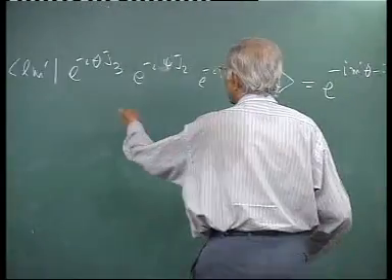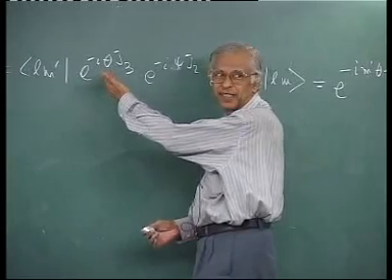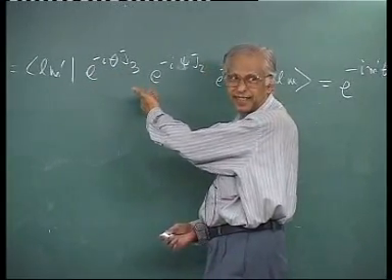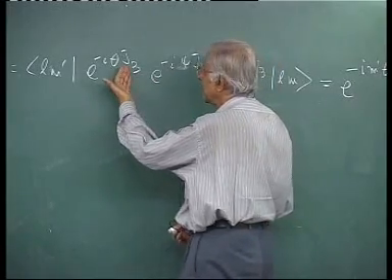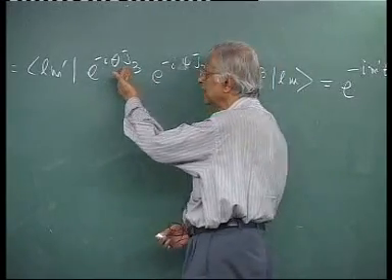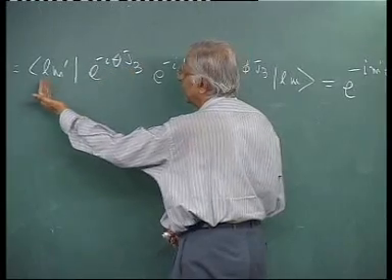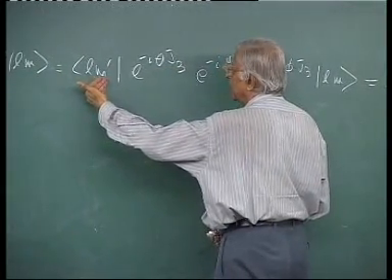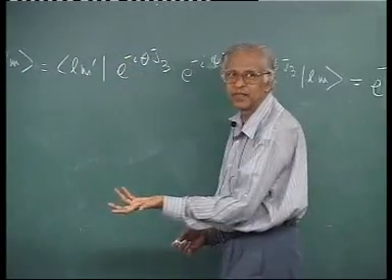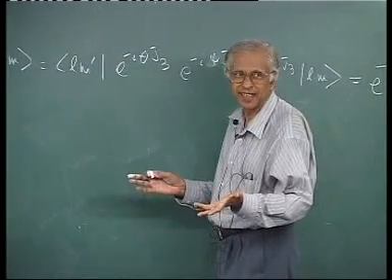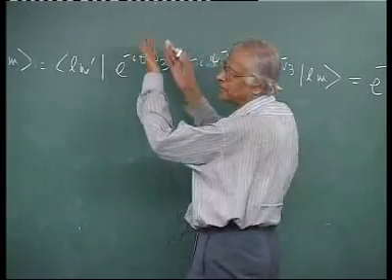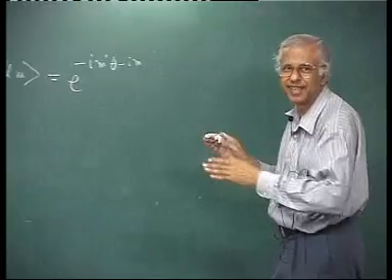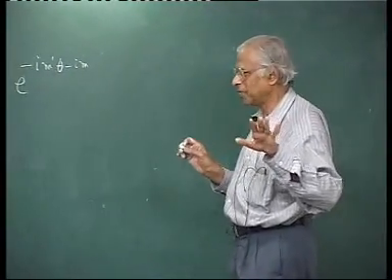Suppose you were to take a power series expansion of this exponential, it will be 1 minus i theta J3, and so on, J3 squared, and so on. J3 is a Hermitian operator. When it sees an eigenvector of itself on the left, wherever there is J3, it will become m prime. No change of sign. And then you soup it up into the exponential again. So what you said is well motivated.